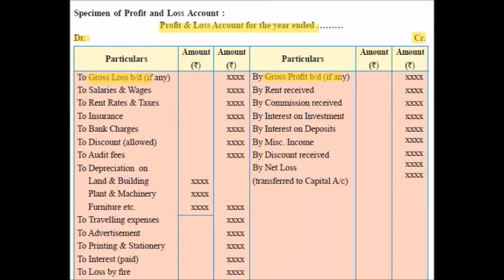Next are salaries and wages, rent, rates and taxes, insurance, bank charges, discount, audit fees, depreciation on land and building, plant and machinery, furniture, etc., traveling expenses, advertisement, printing and stationery, interest paid, and loss by fire. These are the entries of indirect expenses.